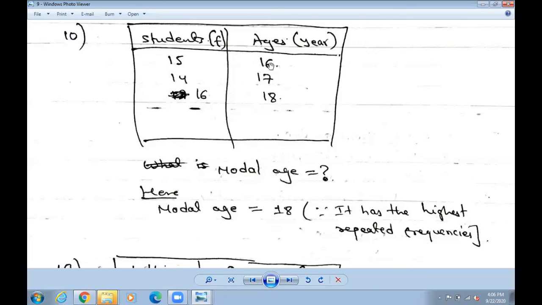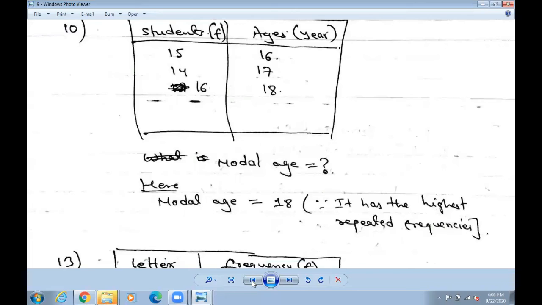So 16 is highly repeated, and this is the highest repeated. So the answer is 18. The modal age is 18, since it has the highest repeated frequency.